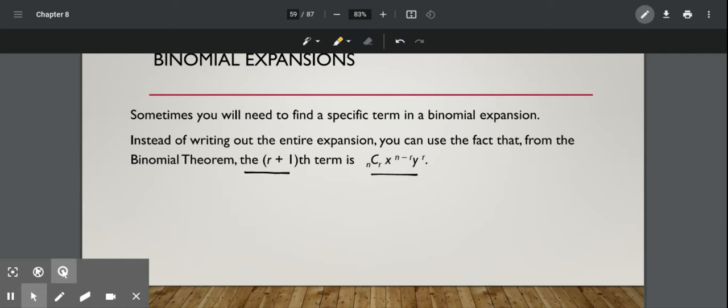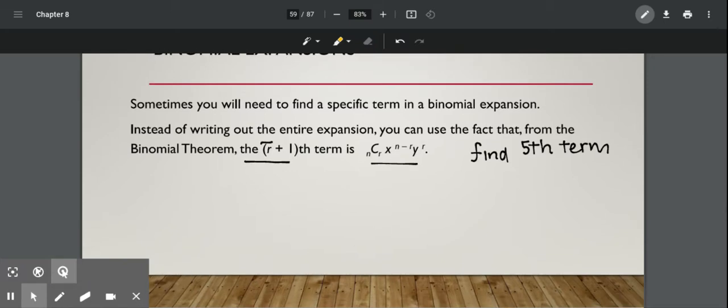So if you wanted to find the fifth term, let's say, so if r was 5, we would need to plug in the 4 plus 1. So your r value is always 1 less than the term you want to find.